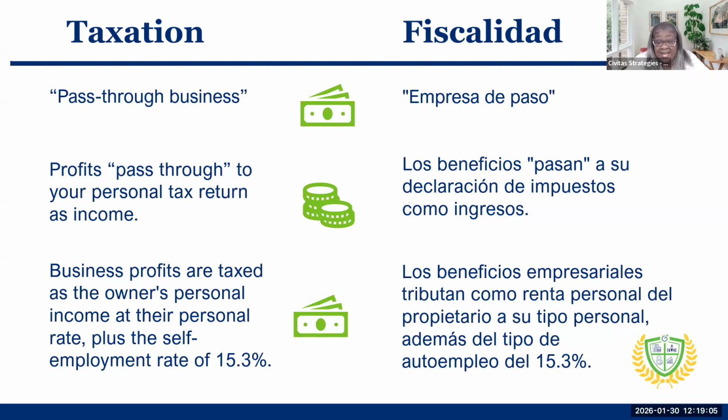And if you have not heard of quarterly payments, and this is only if you're not getting refunds, if you're paying at the end of the year, like if you owe, you're going to want to make sure that you're set up on quarterly payments, which is every 3 months. You can divide that annual payment into 4 equal payments, like a prepayment of your taxes, so that at the end of the year, you're not hit with this massive tax bill.